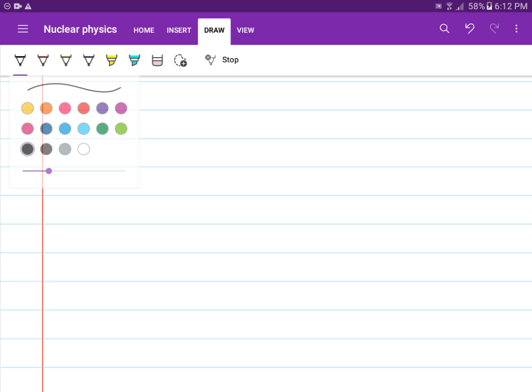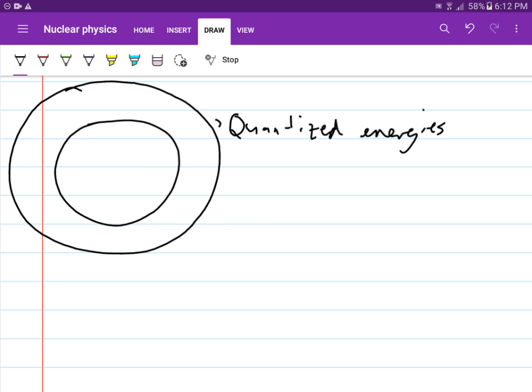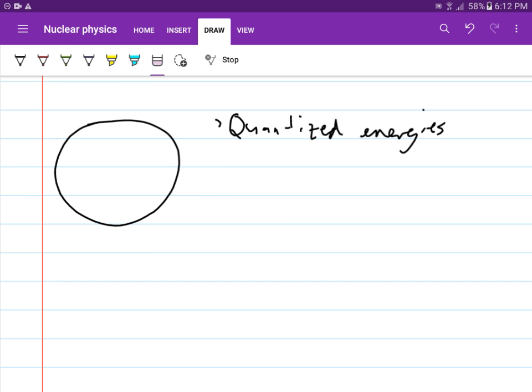So the nucleus, just like what we have learned from quantum mechanics, also has quantized energies. Similar to when an electron inside the atom has a quantized energy, the nucleus has quantized energy that is much higher compared to the quantized energies of electrons.